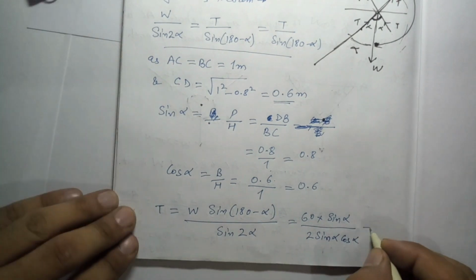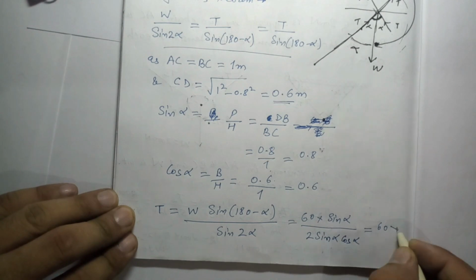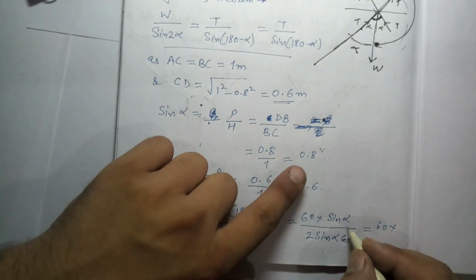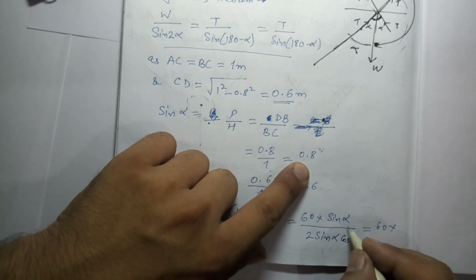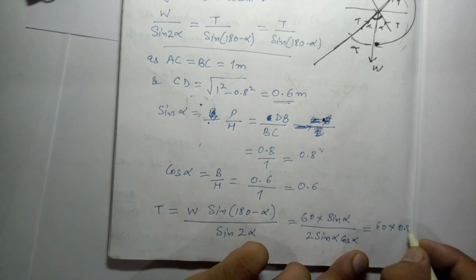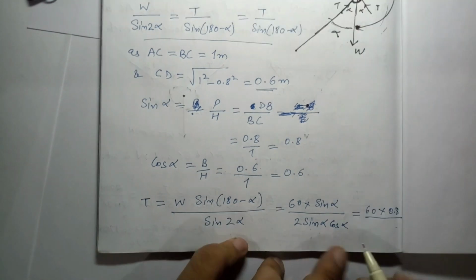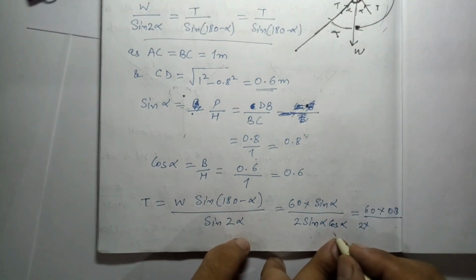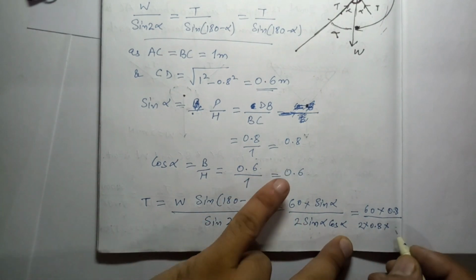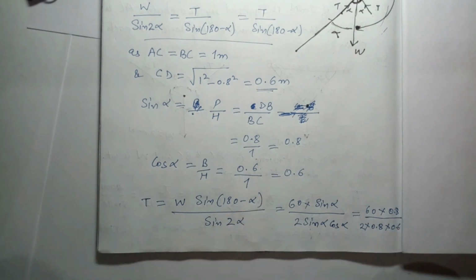So if we fill in the values, this will be 60 into sine alpha. We know the value of alpha: sine alpha is 0.8, right? So this is 0.8 divided by 2 into sine alpha, that is 0.8, into cos alpha, that is 0.6, right?